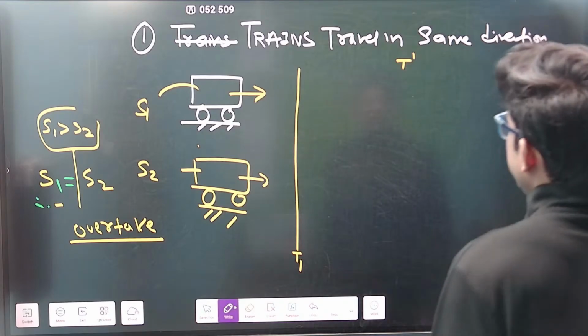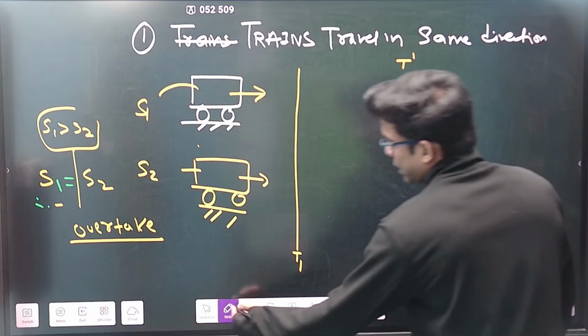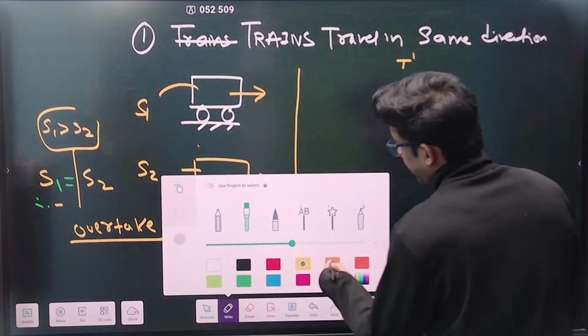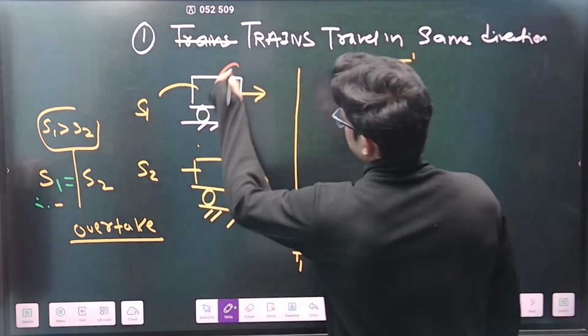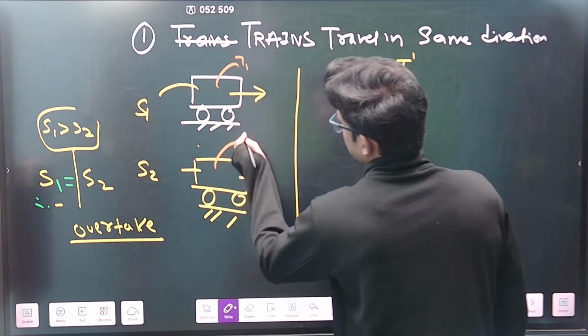Now, the point T dash will come. When the point T dash comes, what will happen? Let's say this train is T1, which I haven't named, and this train is T2.